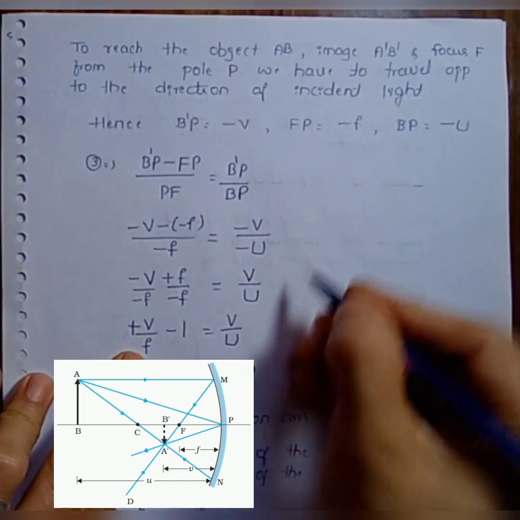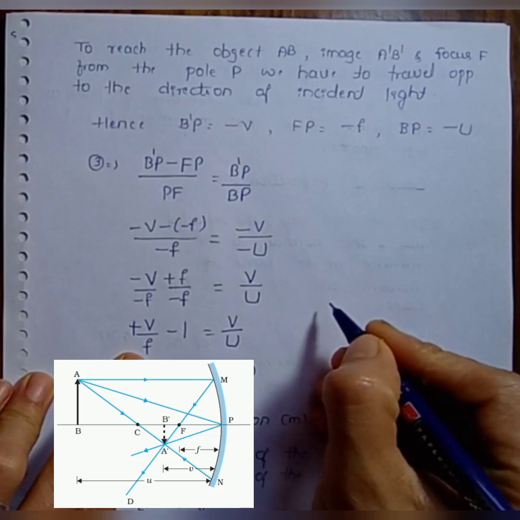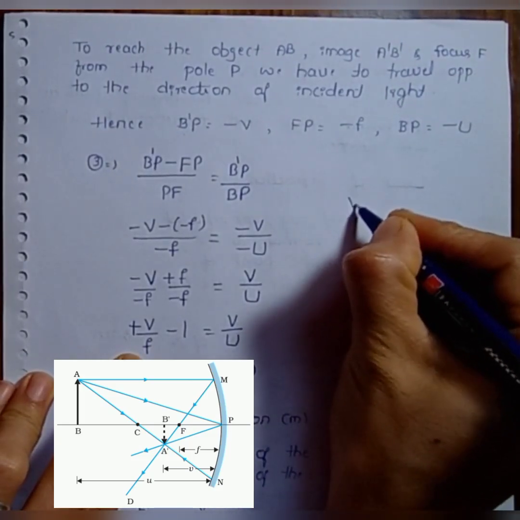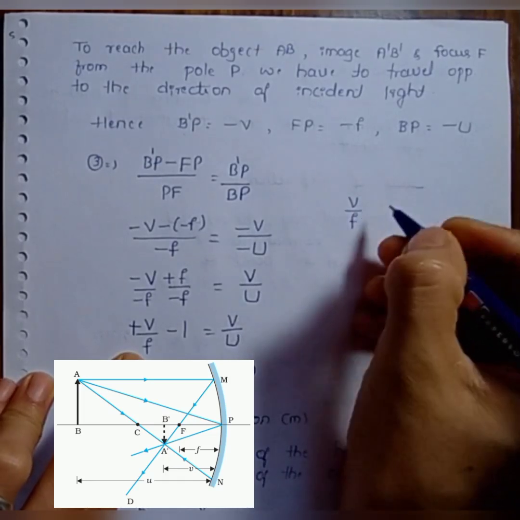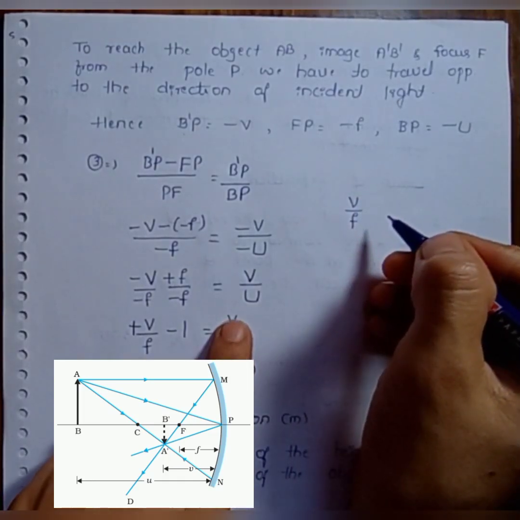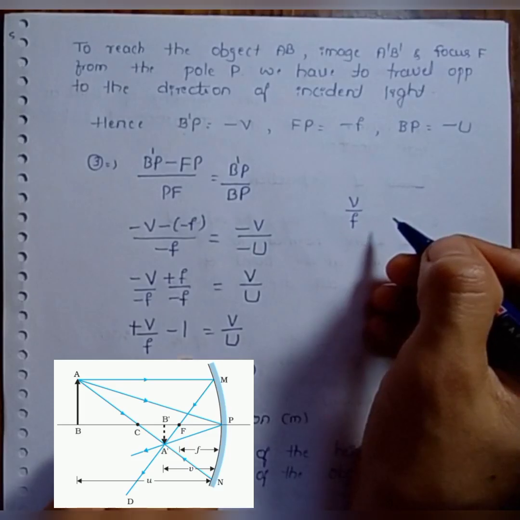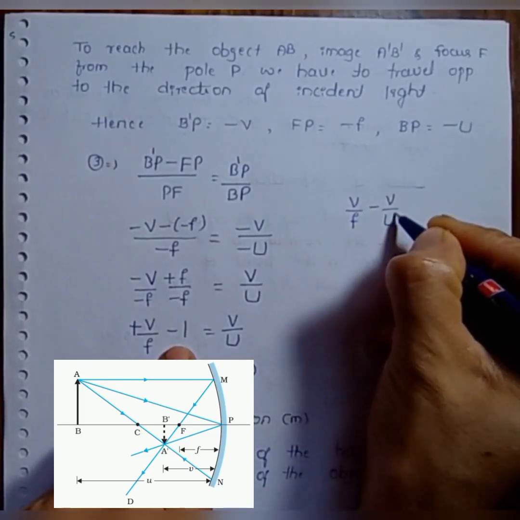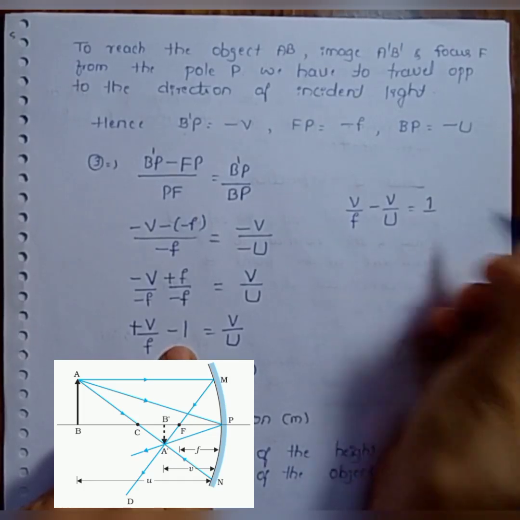Then what can we write? On the right hand side, v by u has a positive sign. When it comes to the left hand side, what becomes minus v by u is equal to plus 1.